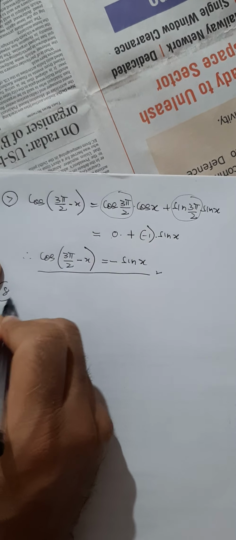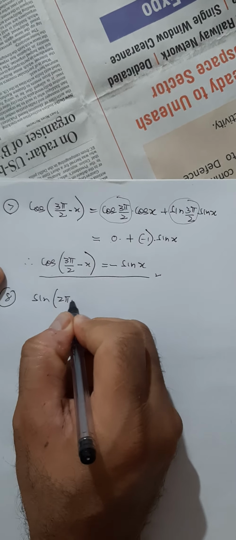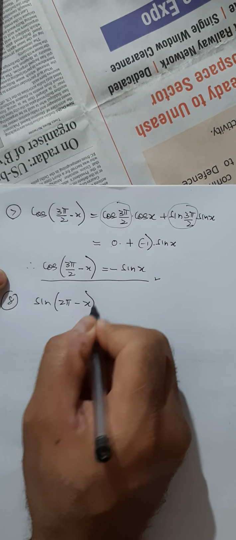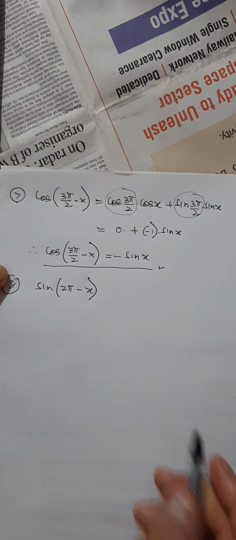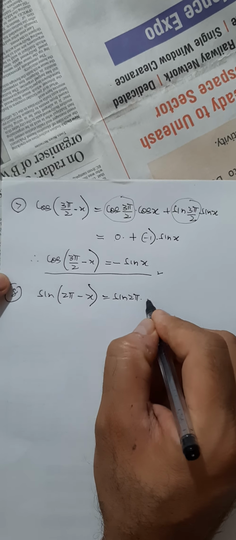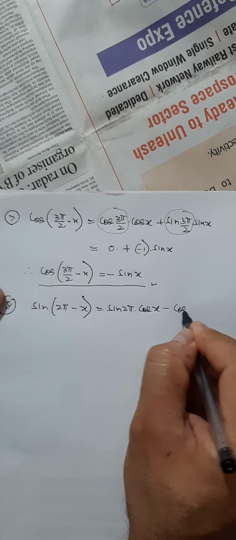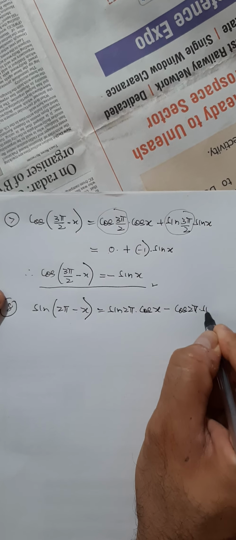One more I'll take. Suppose I want sin 2 pi minus x. Let me expand this. So what's the addition formula? Sin x into cos y, same sign, minus cos x into sin y.